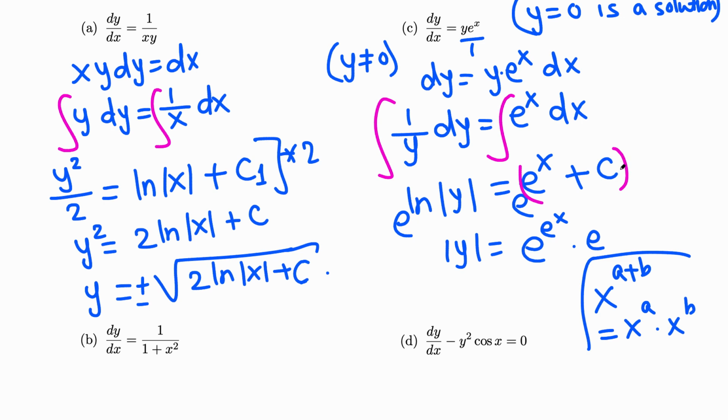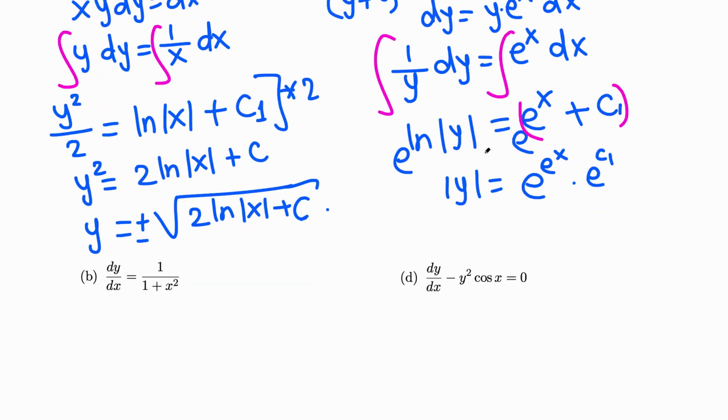Okay, let's say e raised to c1, where e is already a constant, and we can just call it a constant c in this case. Now we are not done because it's still absolute y.